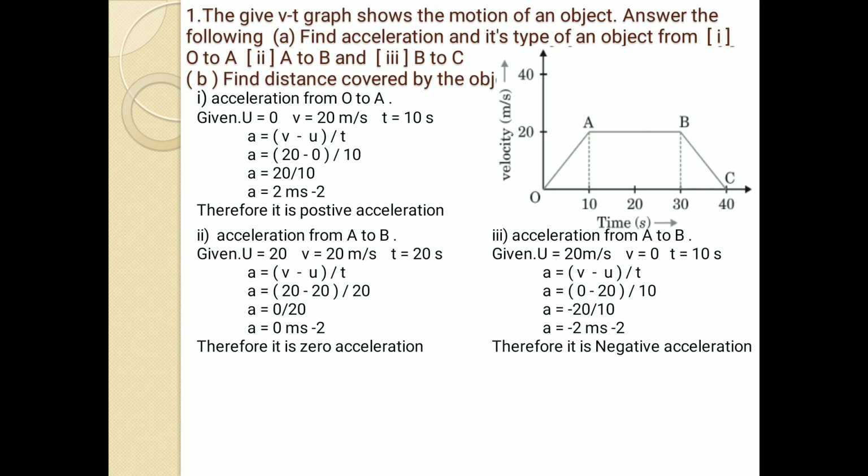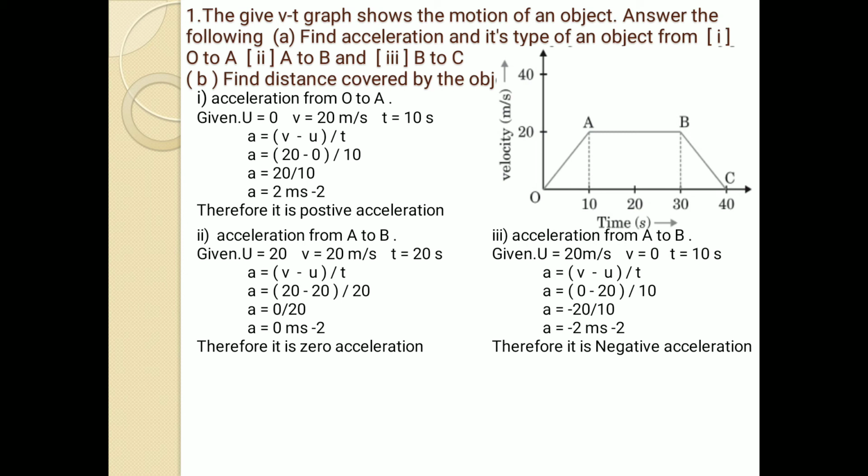From 30 to 40, so 10 seconds. Now a is equal to v minus u by t, so 0 minus 20 divided by 10. 0 minus 20 is minus 20, so minus 20 divided by 10 is minus 2 meter per second square. Here acceleration is negative because velocity is decreasing.